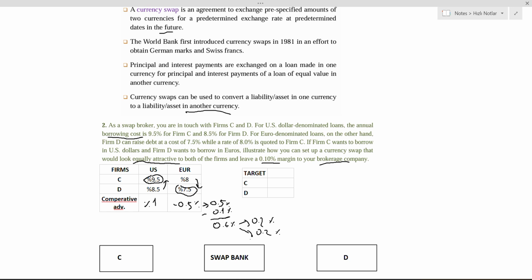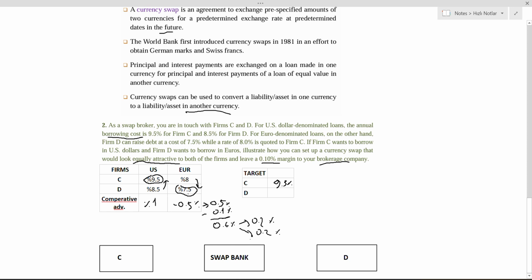This time we will offer a lower rate so that firm C can be happy with our offer. 9.3, because we have a 0.2 advantage for firm C, so I just subtract the 0.2 from the 9.5%.